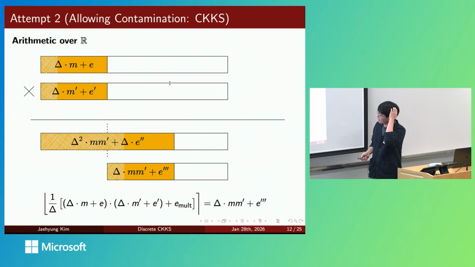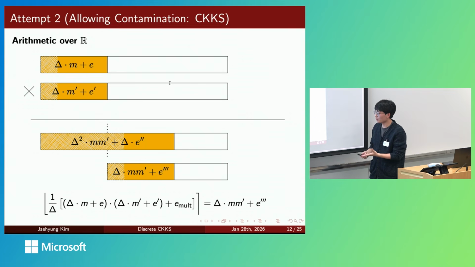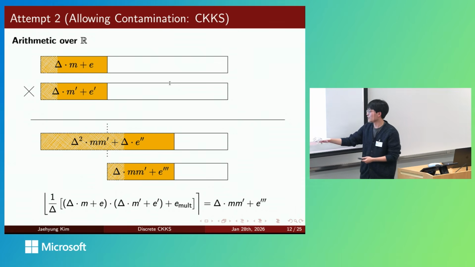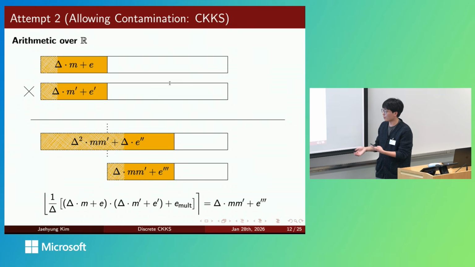This enables multiplication over real numbers, because if you multiply these and you cut, then you have the same scaling factor as the beginning, and this gives you some kind of fixed point multiplication.